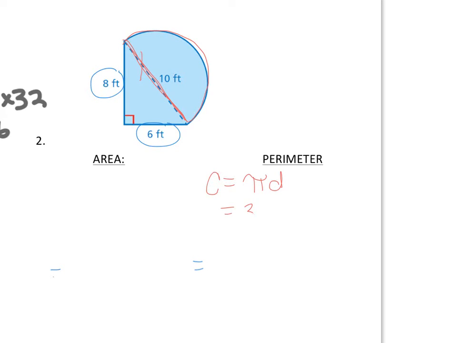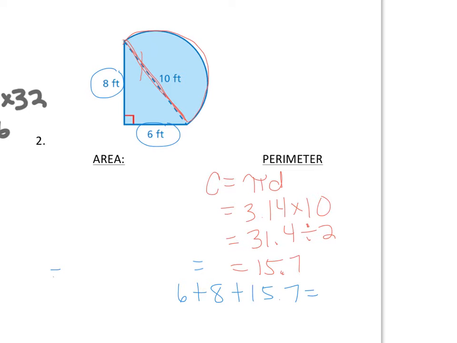So I'm going to use 3.14 times 10 gives me 31.4. Now we have to divide that by 2 because it's a semicircle. So that will give me 15.7. Now I'm going to write my number sentence and add 6 plus 8 plus 15.7 gives me 29.7 feet.